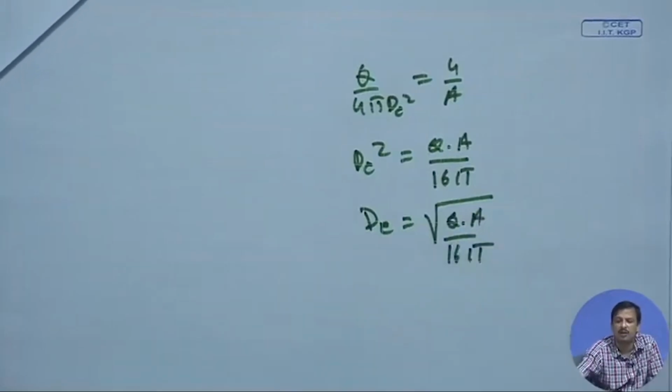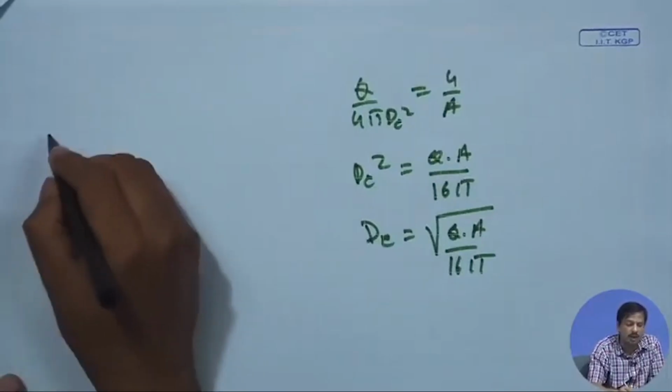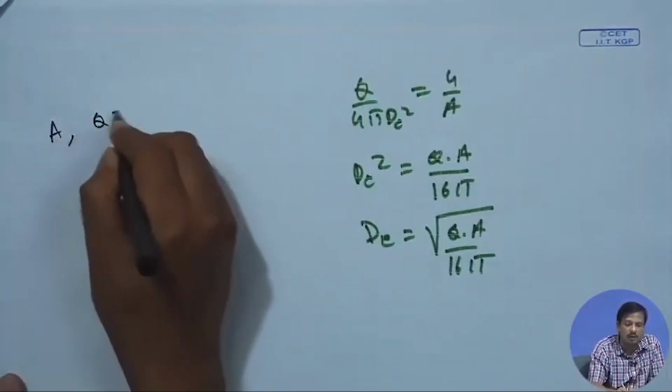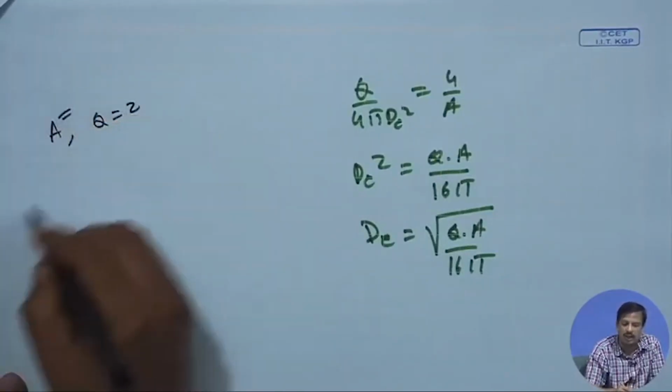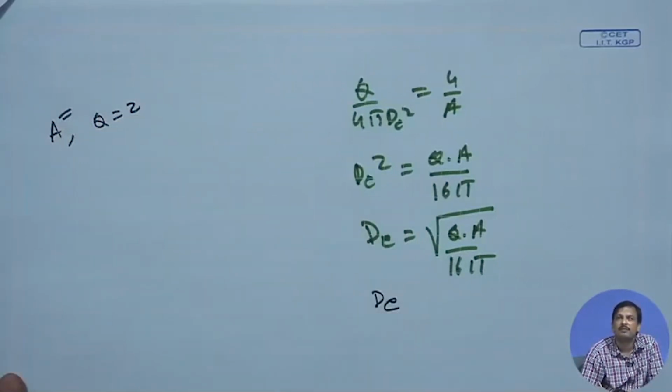For this room I know Q equal to 2, I know A, and then I can calculate that DC in meters.